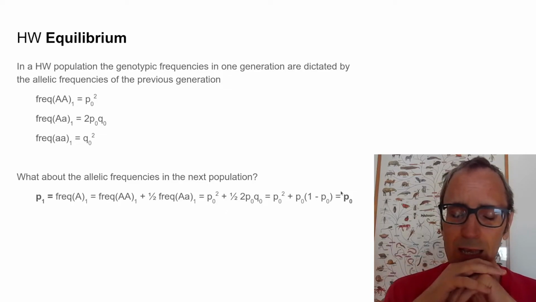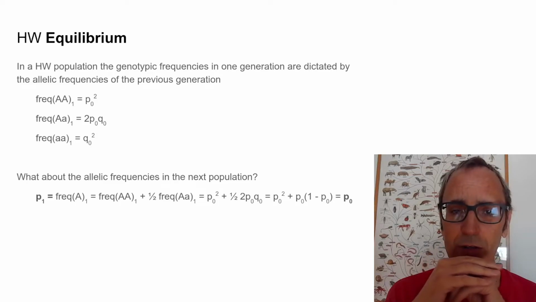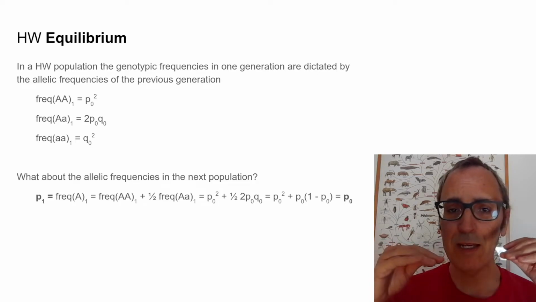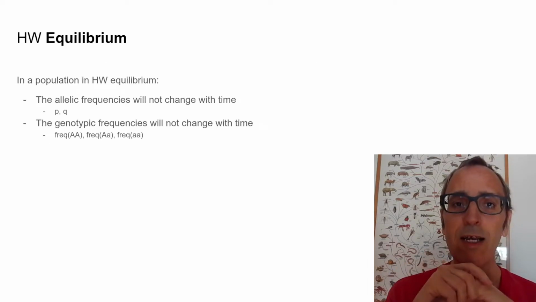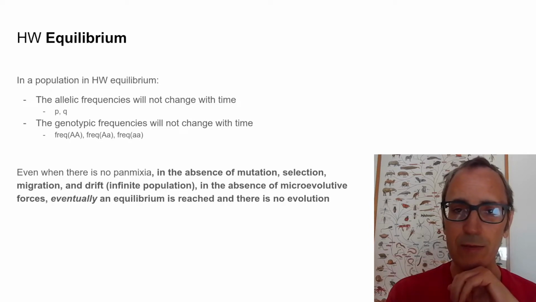So if the population follows the Hardy-Weinberg restrictions, as an ideal population, the allelic frequencies won't change with time. So there will be no evolution. The population will be completely stable. This is called Hardy-Weinberg equilibrium. Neither the allelic frequencies nor the genotypic frequencies will change with time.